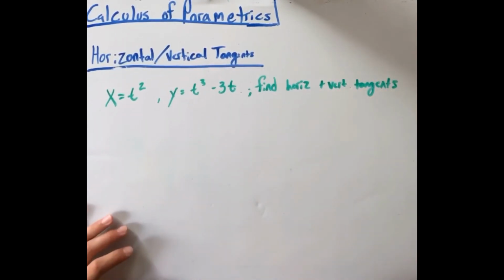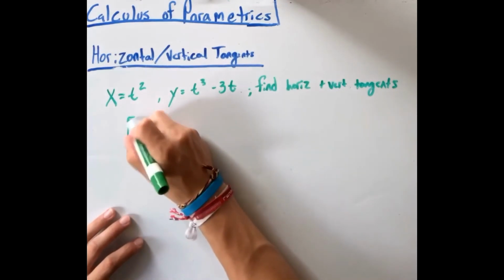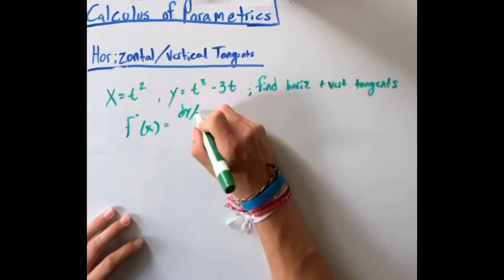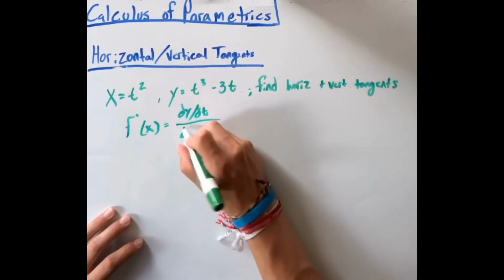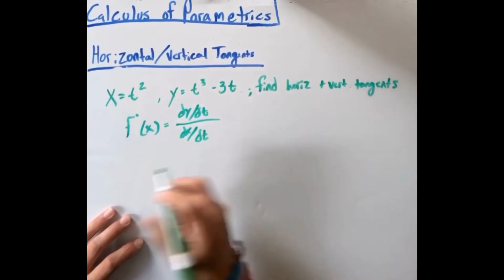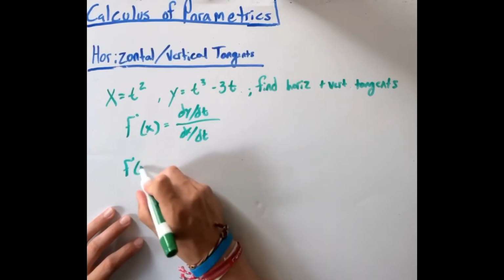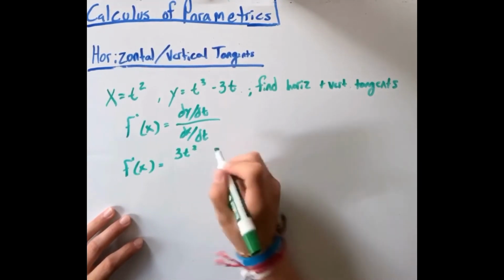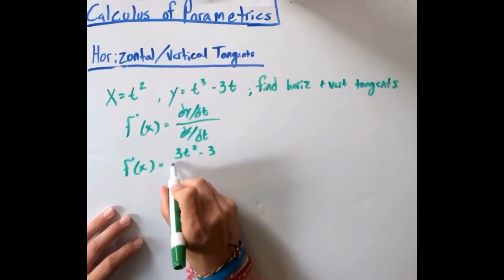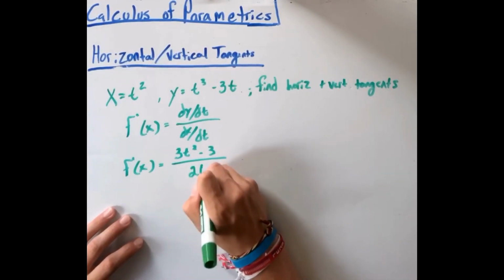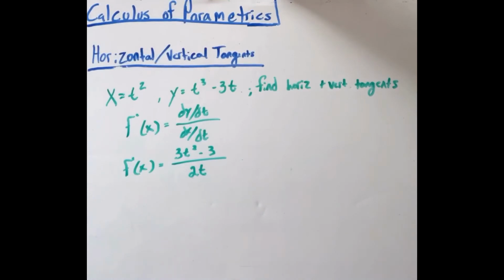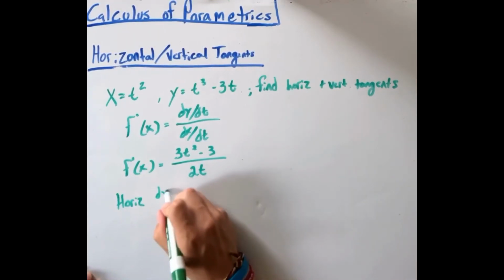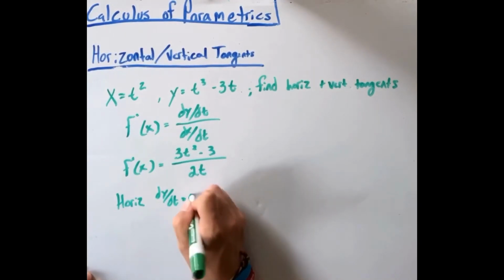So first we're going to find the first derivative, F prime of x, which is equal to dy/dt over dx/dt. So that's going to be f prime of x is equal to 3t squared minus 3 over 2t. So we're going to have a horizontal tangent, remember, when dy/dt is equal to 0.